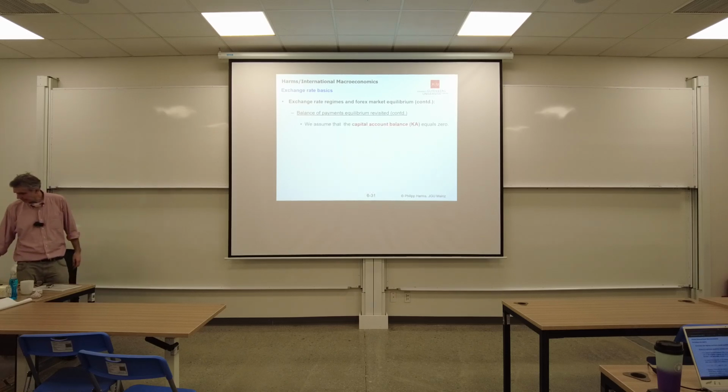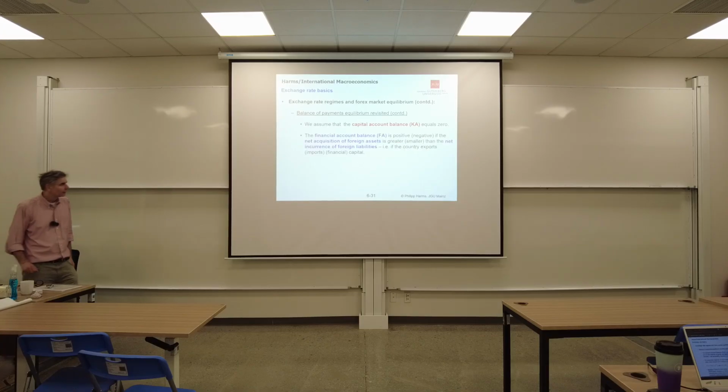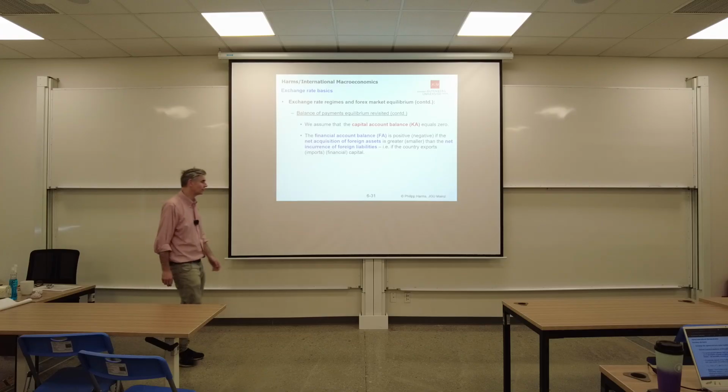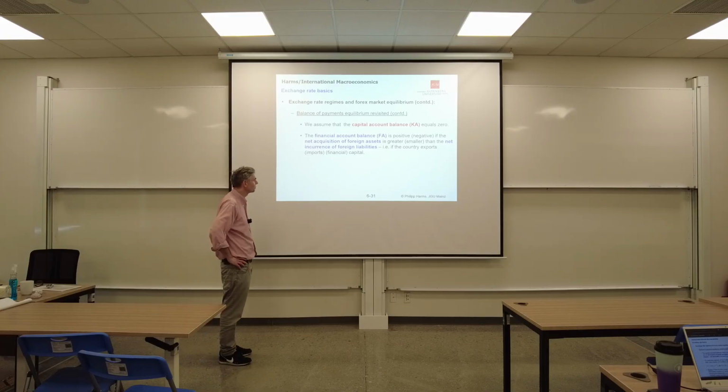We assume that the capital account balance equals 0 because it's a pain in the neck anyway. Now the financial account balance is positive if the net acquisition of foreign assets is greater than the net incurrence of foreign liabilities, that is, if the country exports capital.